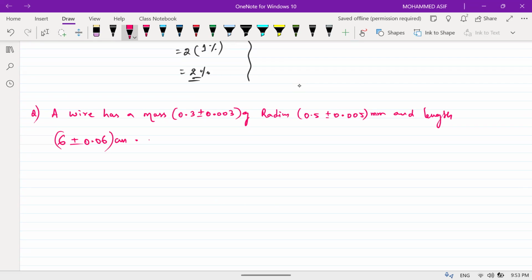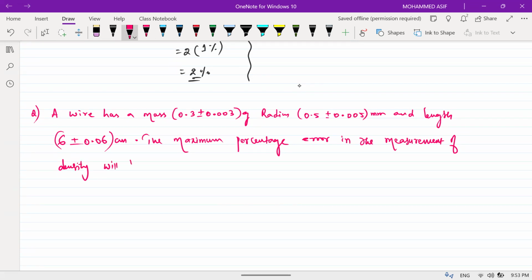The question is the maximum percentage error in the measurement of density will be. चलो आंसर बताइए.